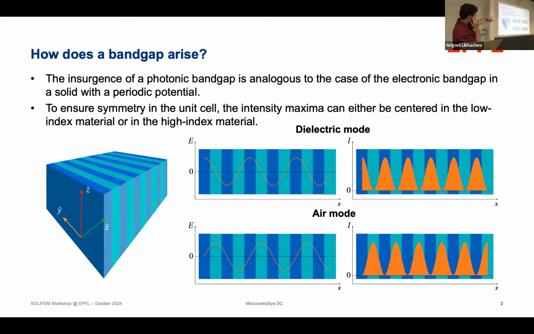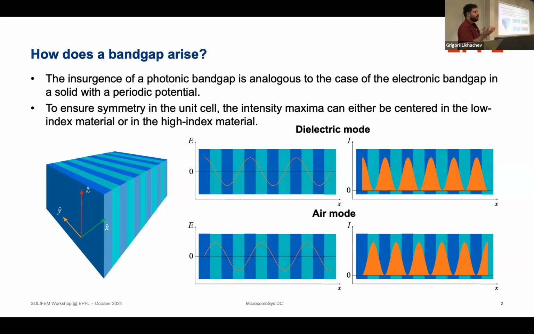The other case, where the electric field maxima are centered in the middle of the low refractive index material, is called the air mode. It can be that the two layers are a semiconductor, for example, or silicon nitride, and the low refractive index is air, basically that the material is missing. Air has a refractive index of 1.